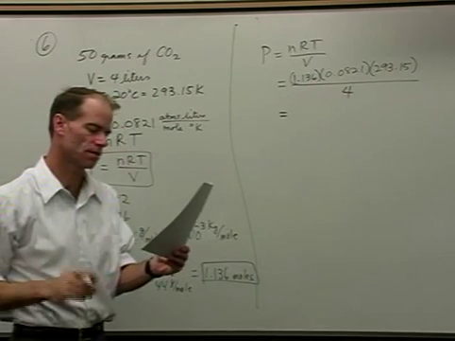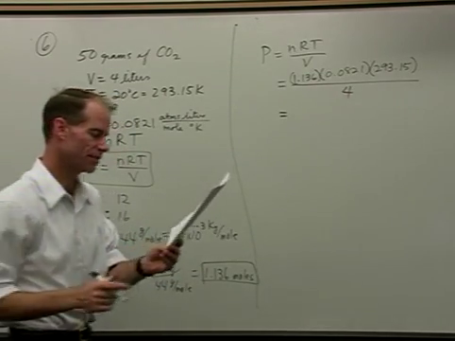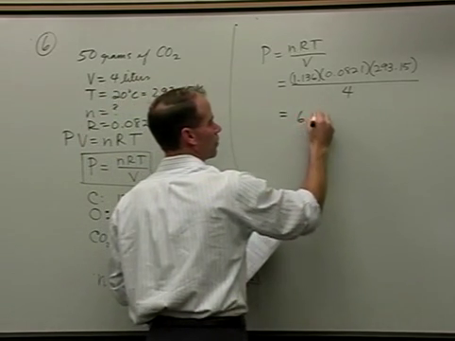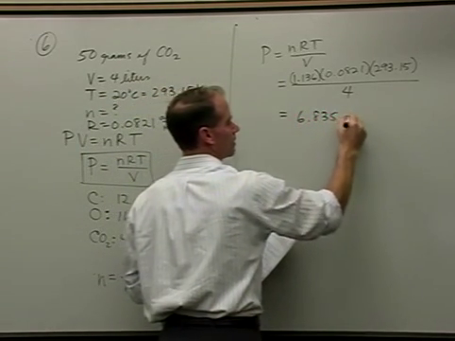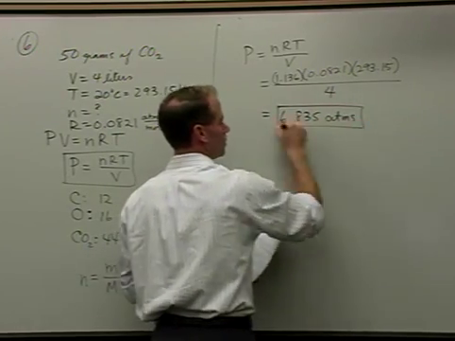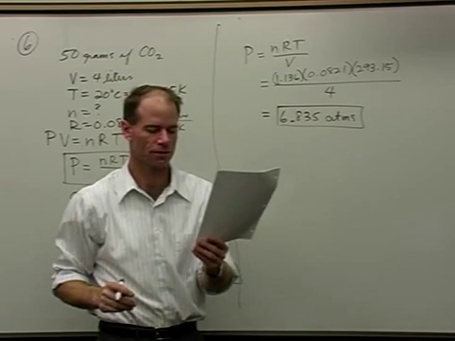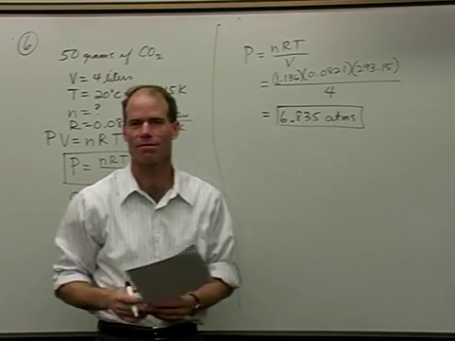So everything's in the right units for that gas constant, and this gives us an answer of 6.835 atmospheres. And I guess the answer is the pressure increases by about 7 atmospheres.